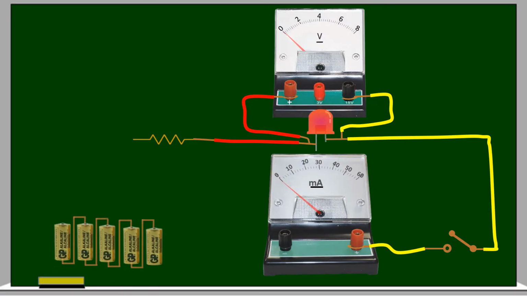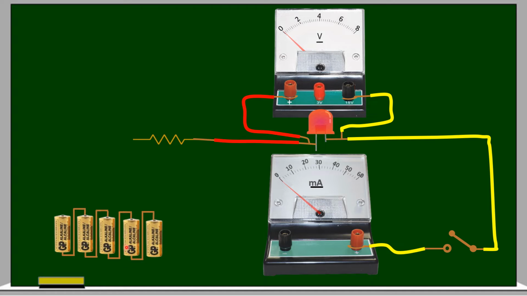I am increasing the voltage again. See here, 5 dry cells have been connected in series. Let us complete the circuit by connecting the negative terminal to the negative terminal of the ammeter here, and the positive terminal will be connected to the resistor.